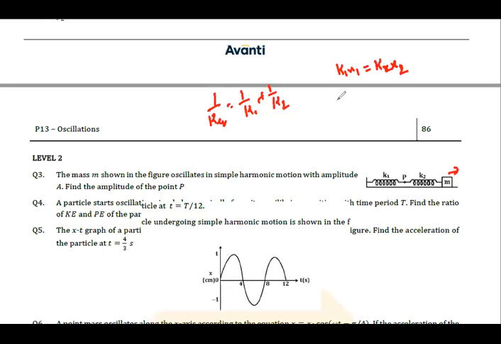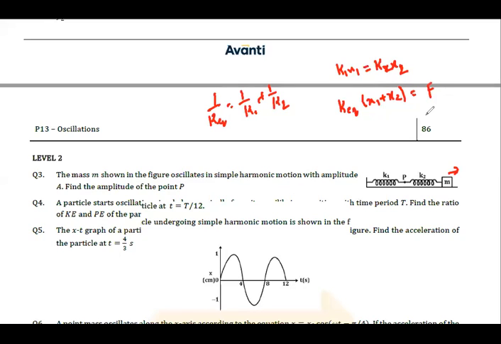And can I say k equivalent into (x1 plus x2) is equal to F? And this x1 plus x2 is nothing but amplitude.